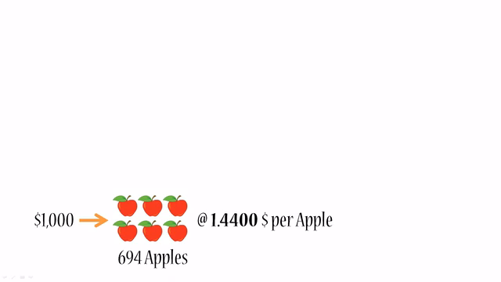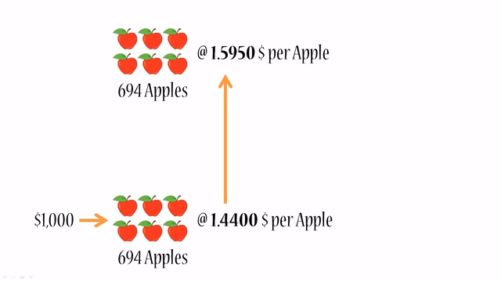This means that he bought 694 apples. Next, he waited a certain number of days until the price for apples grew to $1.5950 per apple. And at this point in time, he still has 694 apples.